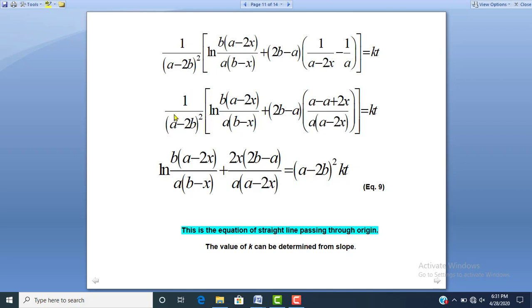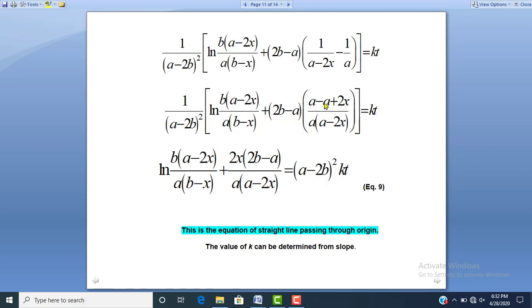So after simplification, this side became 1 over a minus 2b square, this term. This a minus 2b square that has been written in the denominator, we multiplied with kt here. We multiplied a minus 2b square on both sides. Here it is cancelled, and this a minus 2b square has been multiplied with this kt. So this equation became log natural b into a minus 2x divided by a into b minus x, plus 2x into 2b minus a, because this is 2x and 2b minus a.